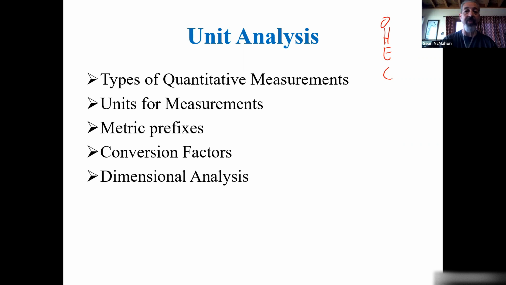Dimensional analysis, also unit analysis, sometimes called the conversion factor method, or just basic problem solving, is where we're going to use these conversion factors as ratios and use their units to cancel out what we know and get to what we need to know in our problem solving skills.